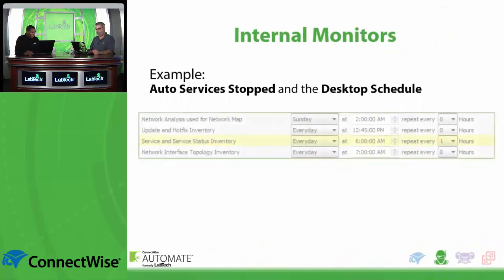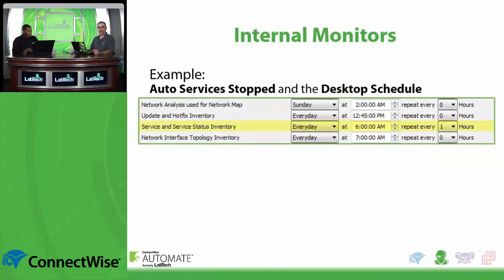So for example, if we were to take a look at our internal monitor of the auto services stopped, leveraged with the desktop's schedule. You can see in our image here, if we look at the desktop schedule, you can see the service inventory is going to run every day at 6 a.m. and it's going to repeat every hour.